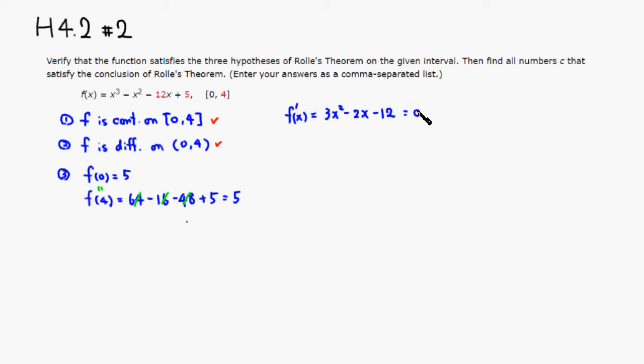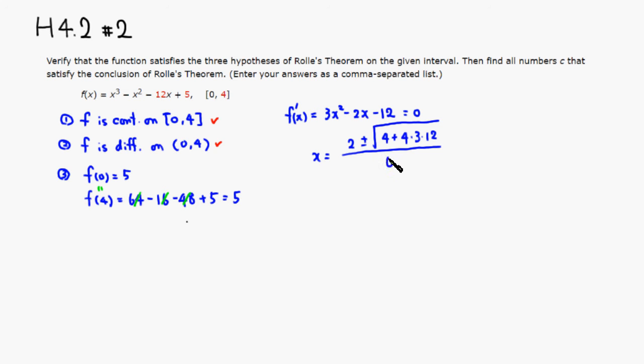So x is going to be equal to negative b, so it's 2, plus or minus the square root of b squared, so it's 4, minus 4 times a times c, which is negative 12, so it's positive 12 here, all over 2a, so 2 times 3 is 6.